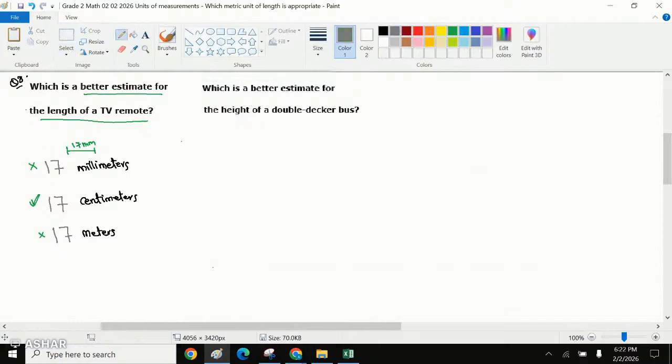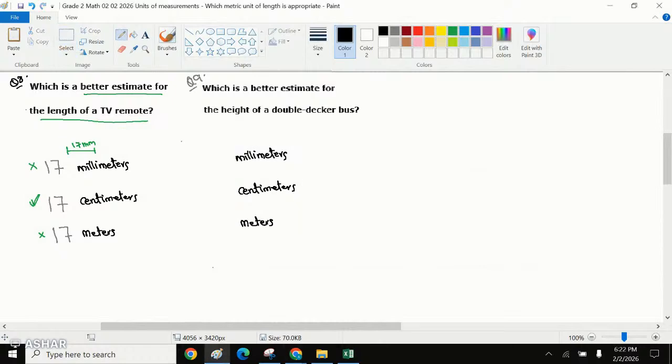Okay. If we have question number 9, it says millimeters, centimeters, and meters. Let's select the values. What are the estimates given to us? 4. Okay, we are using 4 as the variable.